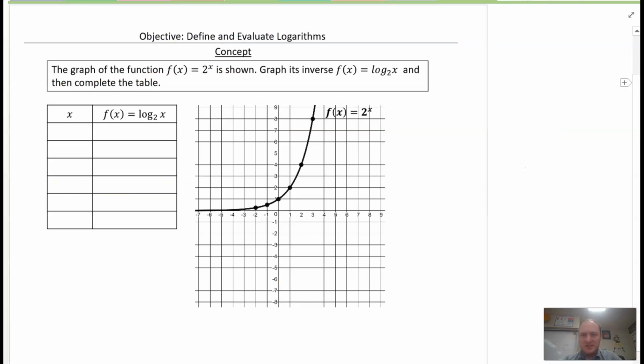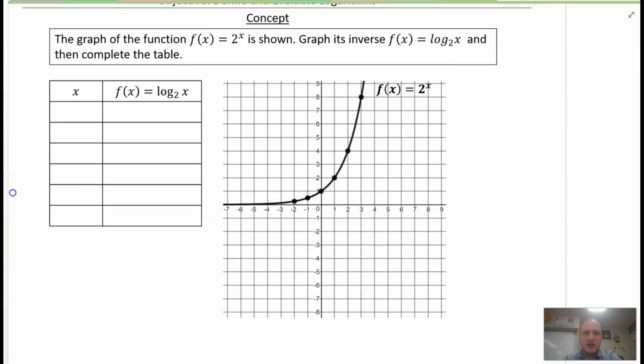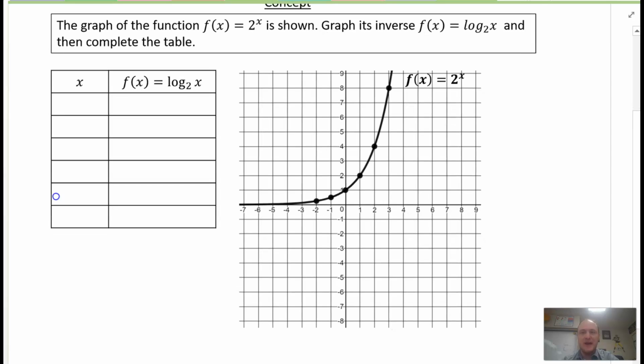So let's go ahead and introduce a logarithm and what it is. Here is a graph of 2 to the power of x, and we are asked to graph its inverse on the table. Maybe you're asking yourself, how do I do that? Well, remember, with an inverse, inputs and outputs switch.